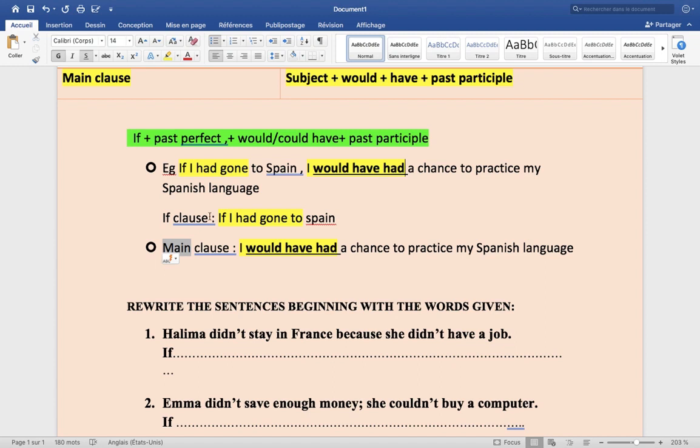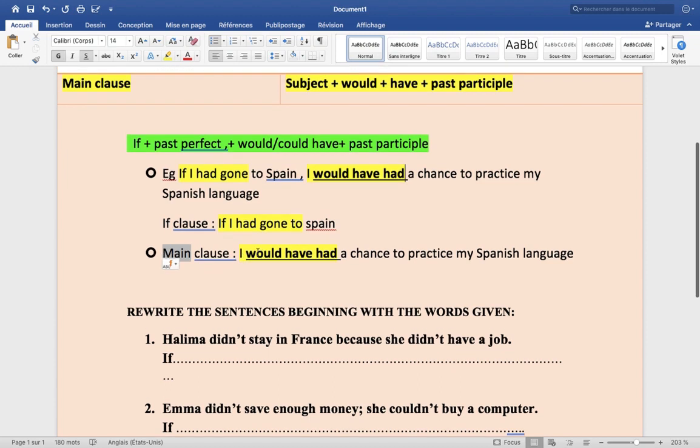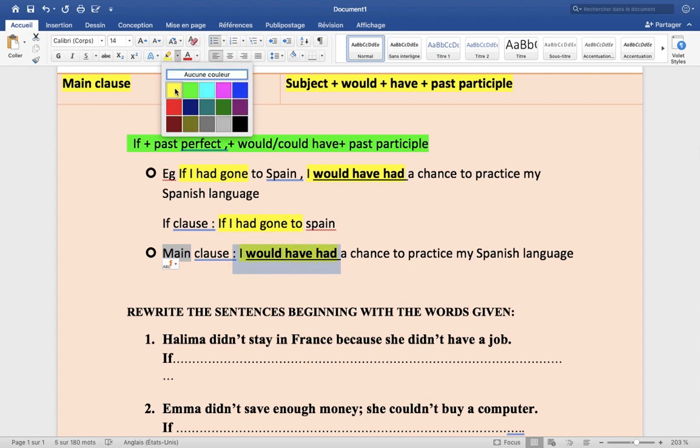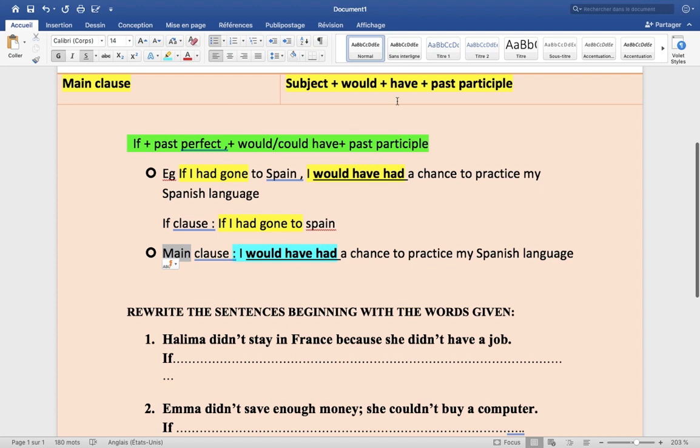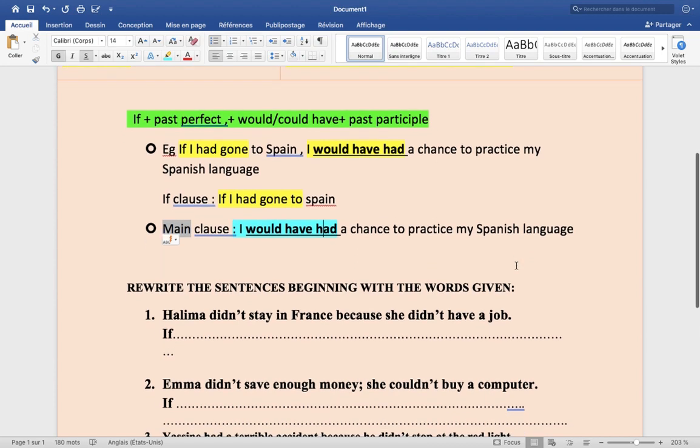We have the if clause, which means if I had gone to Spain, and the main clause. What do we have in the main clause? We have would have plus the past participle: would have had.